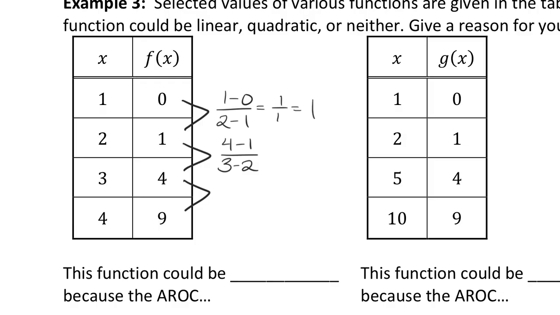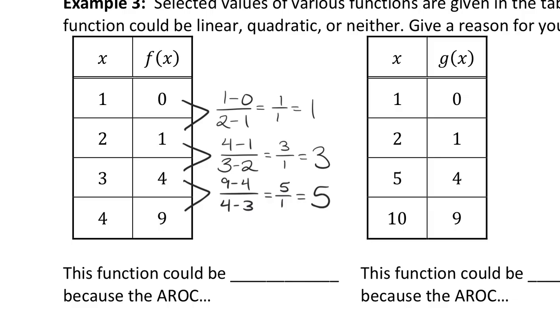Inputs on bottom, outputs on top. 4 minus 1 is 3, 3 minus 2 is 1, so my average rate of change for that interval is 3. If I do that for the last one, this is going to be 4 minus 3 and 9 minus 4, which is 5 over 1, which gives me 5.